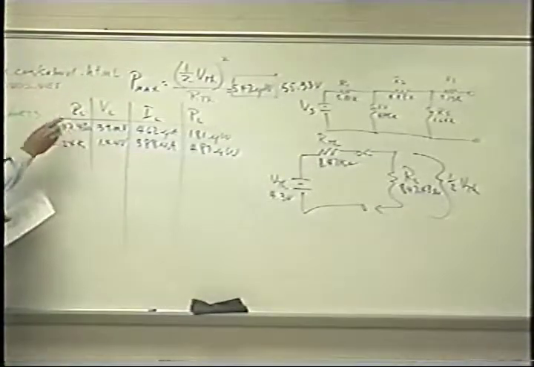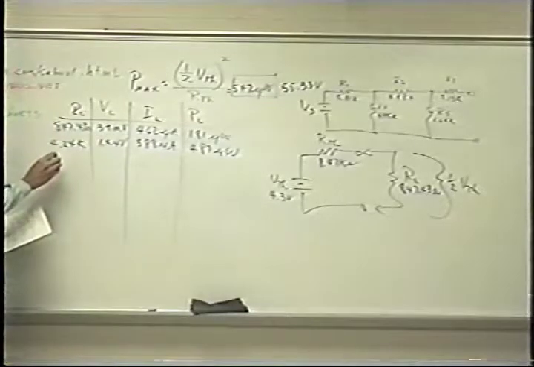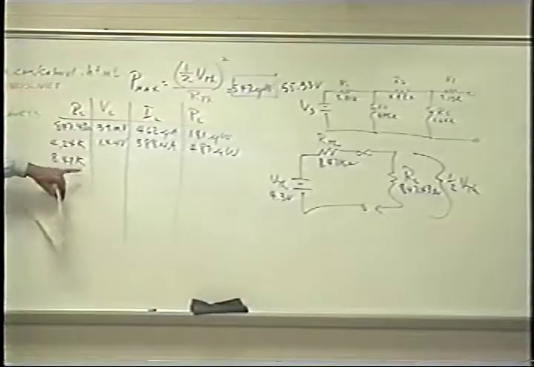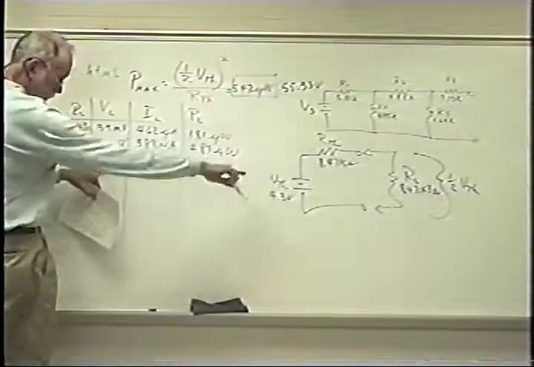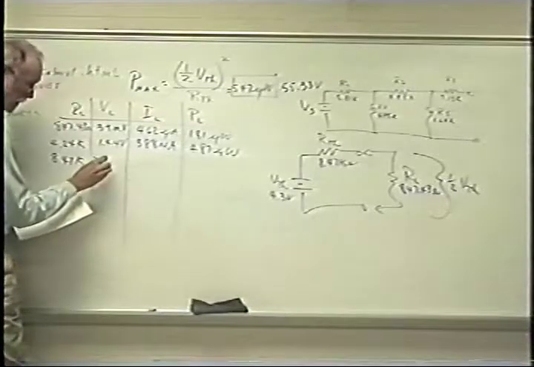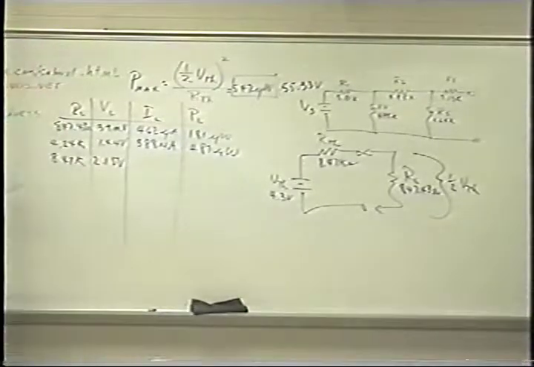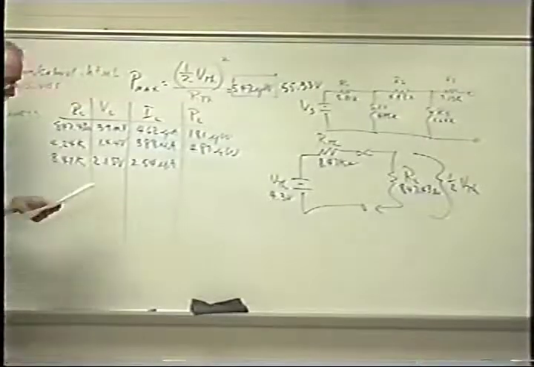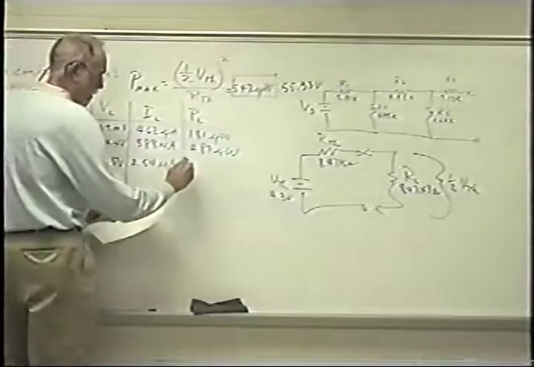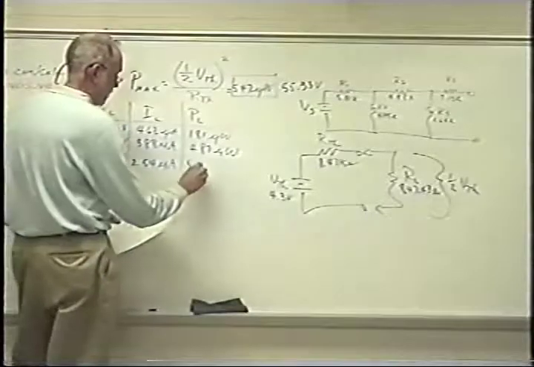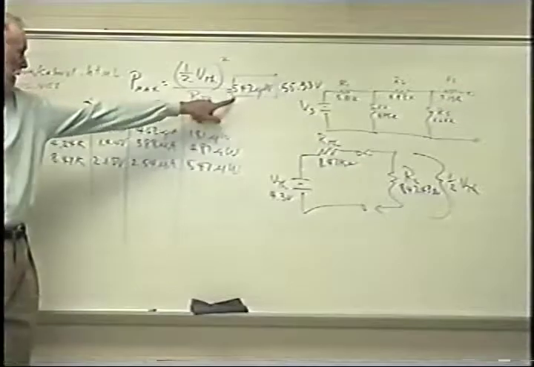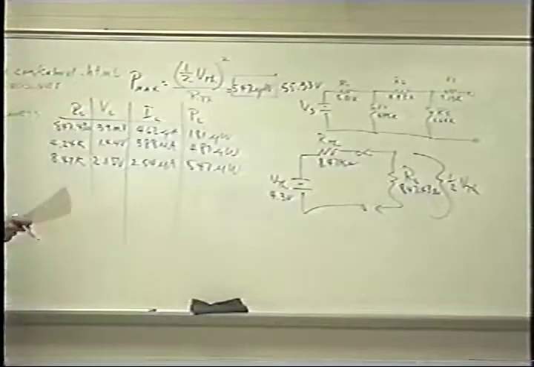Continuing on, I'm going to now use an RL that is equal to RTH. 8.47 k ohms gives me exactly half the voltage that's applied, which is 2.15 volts. The current calculated through Ohm's law is 254 microamps. The power is 547 microwatts, and that agrees with our maximum power calculation we did earlier.